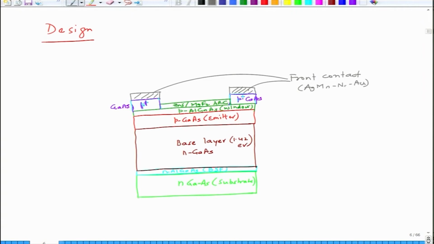Okay. And in this case the back contact is made on the back side. This is an AuGe alloy with nickel and gold.